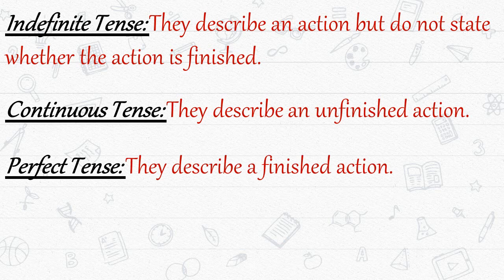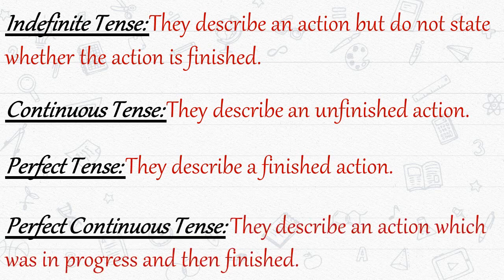They describe a finished action, the action which is perfectly done or perfectly finished. Perfect continuous tense. They describe an action which was in progress and then finished. Because perfect continuous is the combination of continuous and perfect tense.